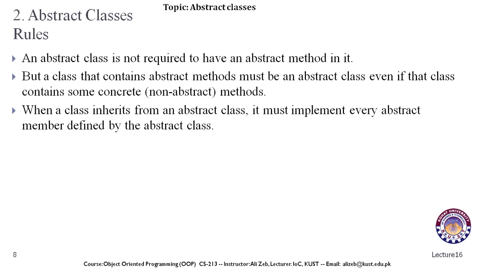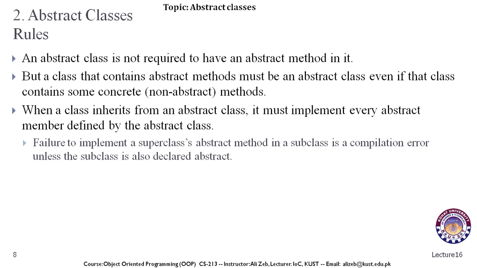As we saw in our example, when we had the abstract draw method and the area method in the shape class, we needed to provide the implementation of those methods in our subclasses triangle, rectangle, and circle. Failure to implement a superclass's abstract method in a subclass is a compilation error unless the subclass is also declared abstract. So we can do either of the two things.